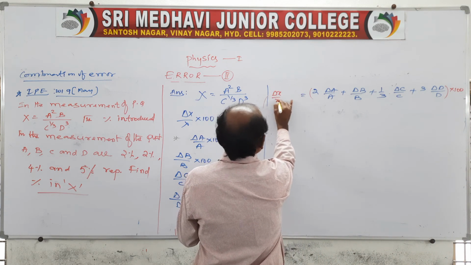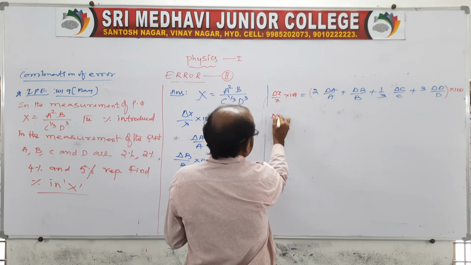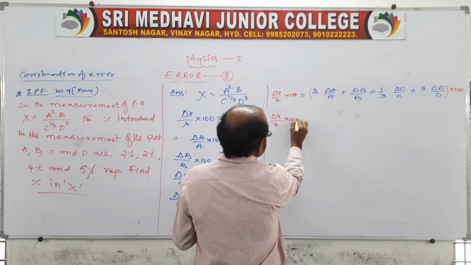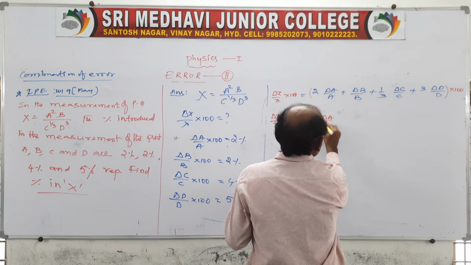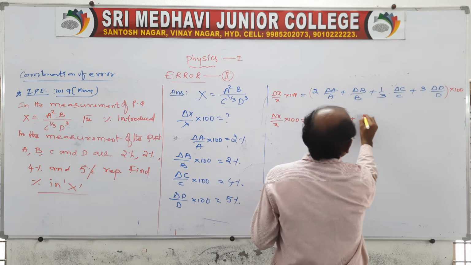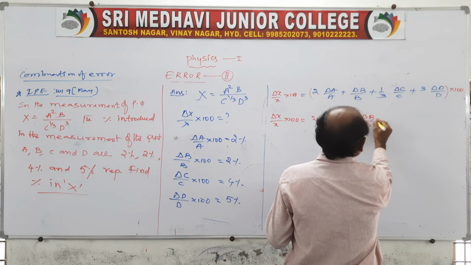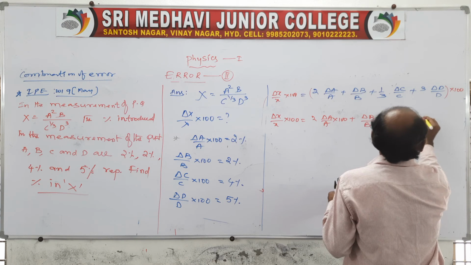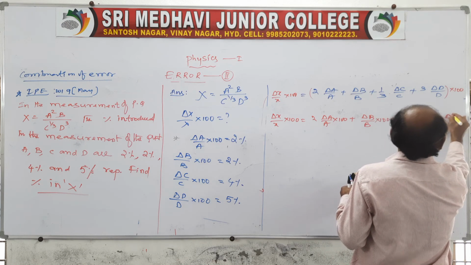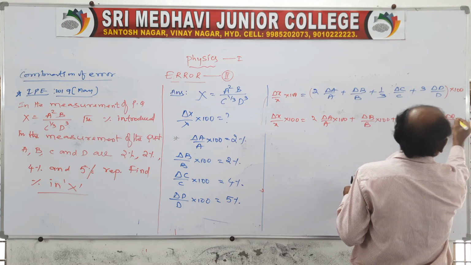Delta x by x into 100 equals 2 into delta a by a into 100 plus delta b by b into 100 plus 1 by 3 delta c by c into 100 plus 3 into delta d by d into 100.